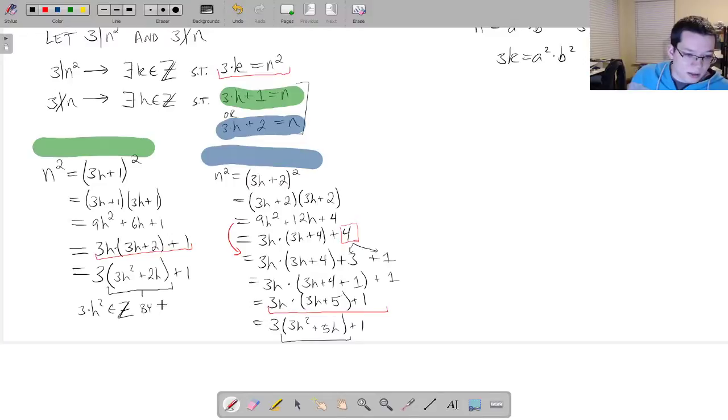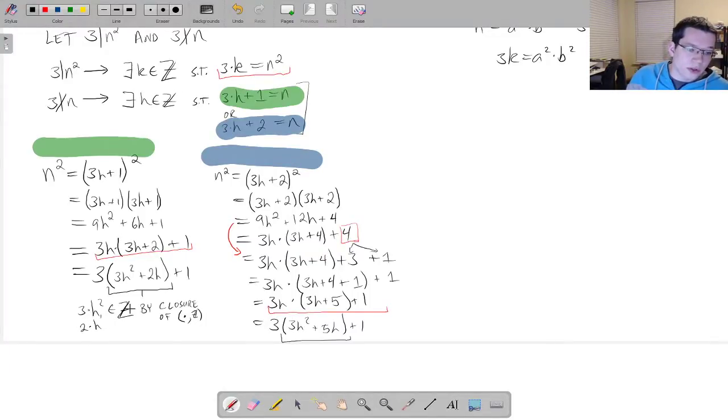By closure of multiplication in Z. And so is 2 times h.